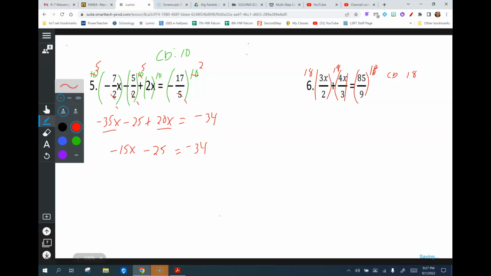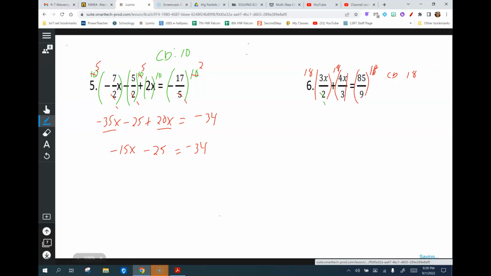Okay, so now I'm going to divide by 2. Divide by 2, I have a 9. 9 times 3x is 27x. Plus, I divide by 3. Divide by 3, I get a 6. 6 times 4 is 24x. Divide by 9, 2 times 85. What is that, 170, I believe?